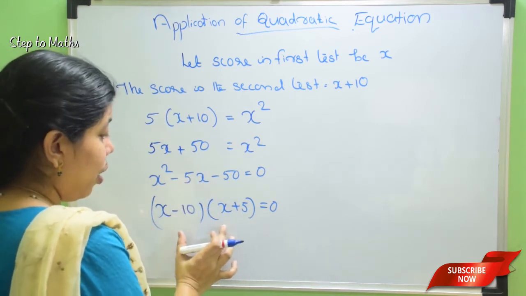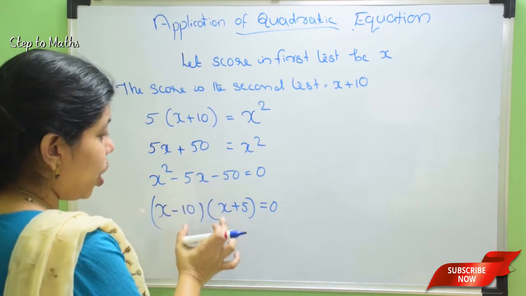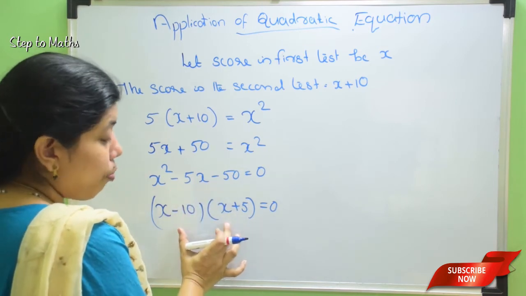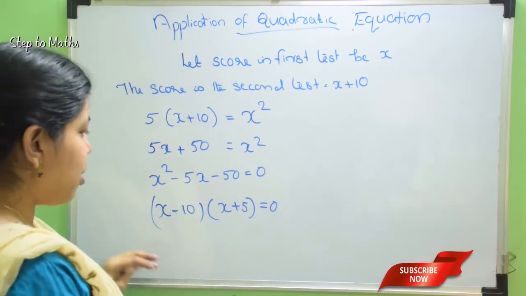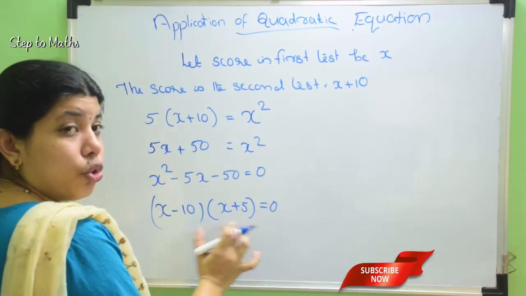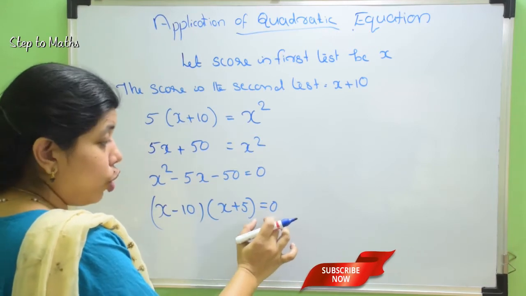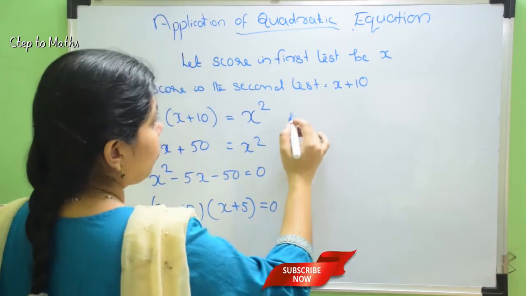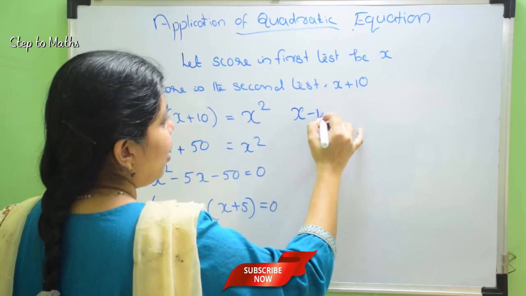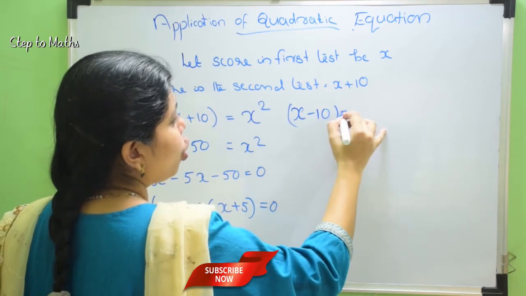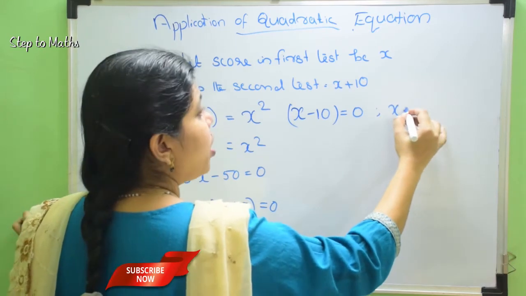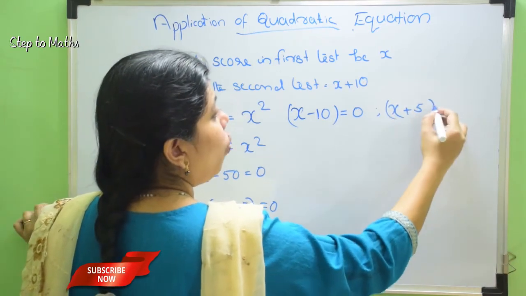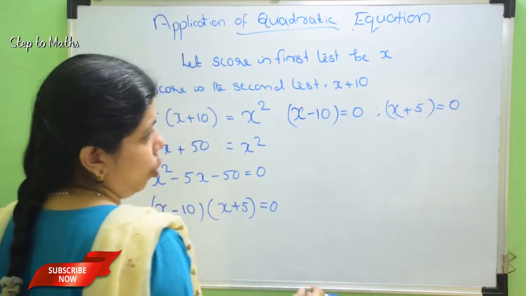We write this quadratic equation in the form of a product of two terms. What is the next step? Equate each term to 0. So we can write X minus 10 equal to 0 and X plus 5 equal to 0.